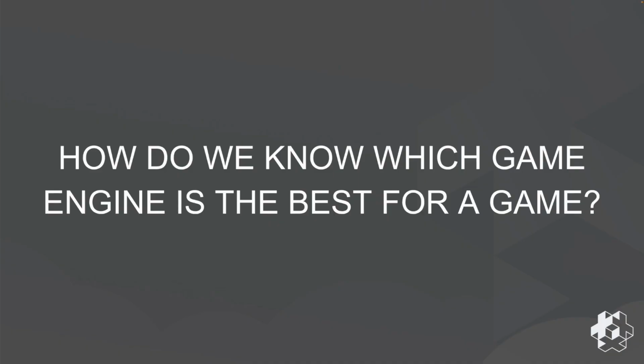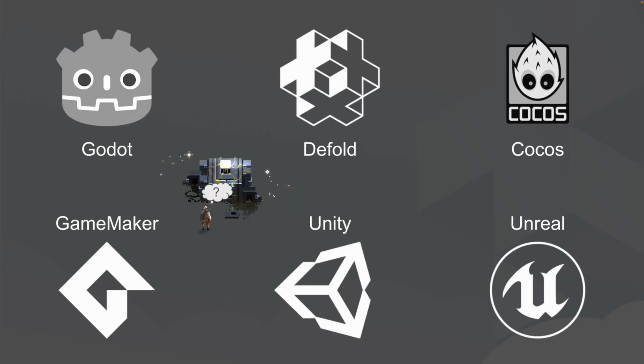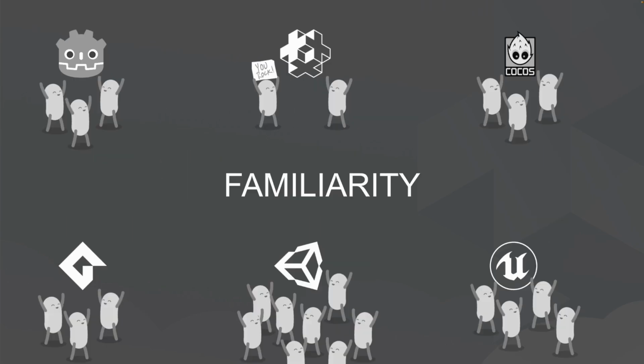So how can we know which game engine is the best for a game? Well, we need to do some game engine due diligence before we start working on our game. We could, of course, just pick the game engine that we are familiar with. So here's a bunch of game engines, and if you are to choose, what are the various decisive factors? One could be the familiarity. There are a lot of users very familiar with Unity, so maybe you should just go for what's popular.